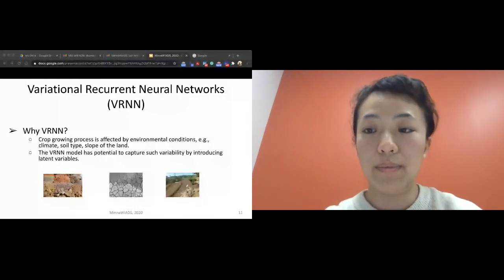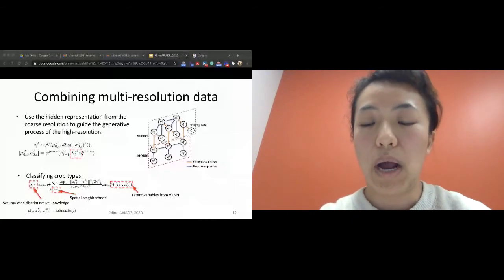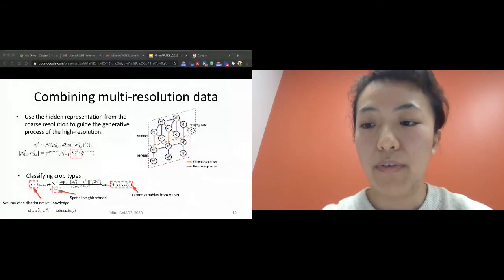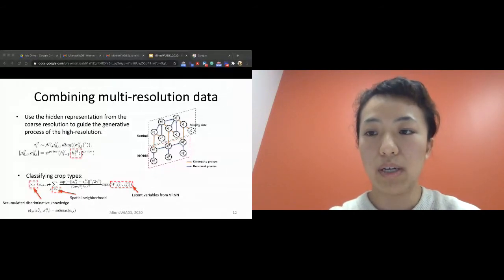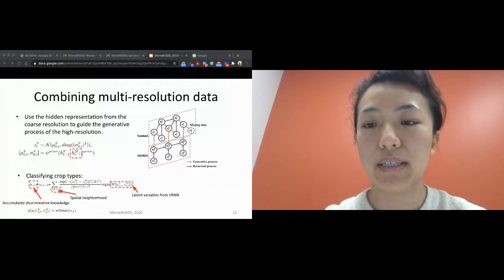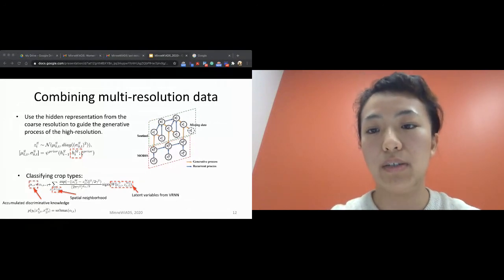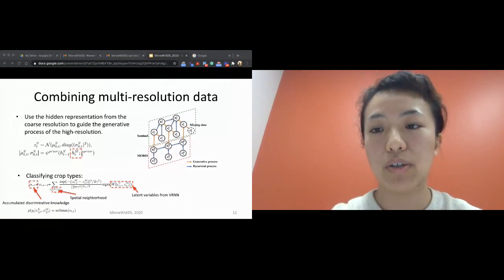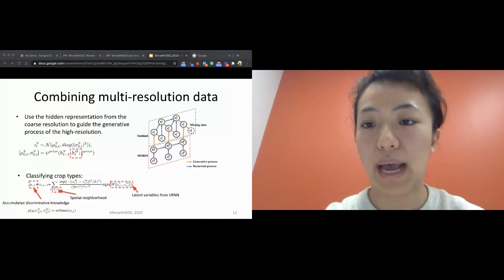So our model is built upon the variational recurrent neural network. What's special about our approach is that we are using the hidden representation from the coarse resolution to guide the generative process of the high resolution.